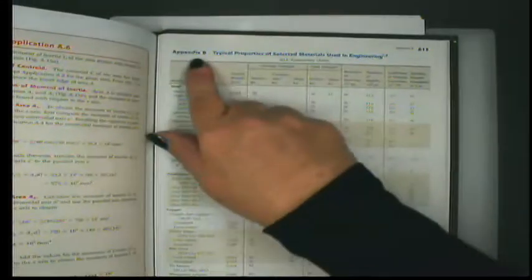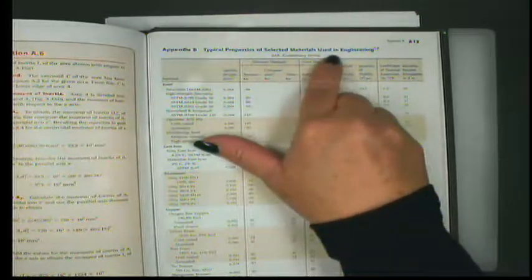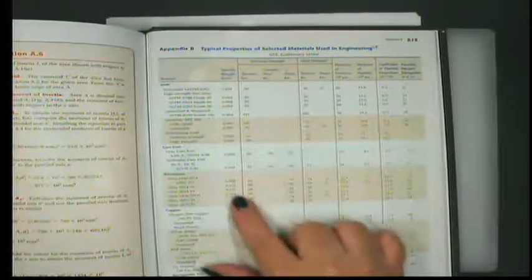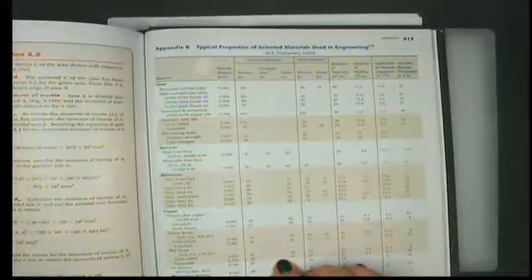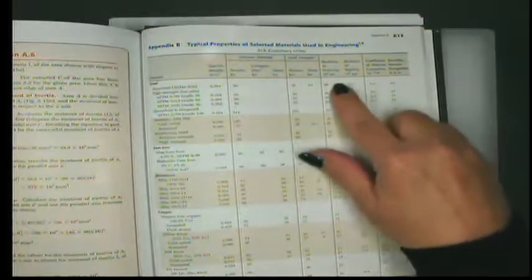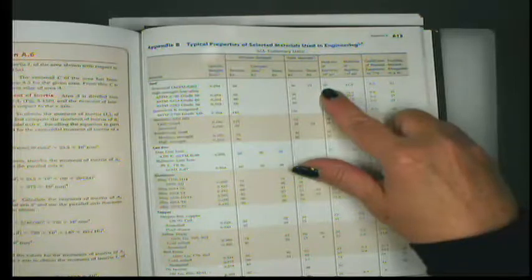This is Appendix B of your textbook, typical properties of selected materials used in engineering. You see that we have types of steel, cast iron, aluminum, copper, some alloys, and then some kind of odder things down here. And we have a factor here called modulus of elasticity.